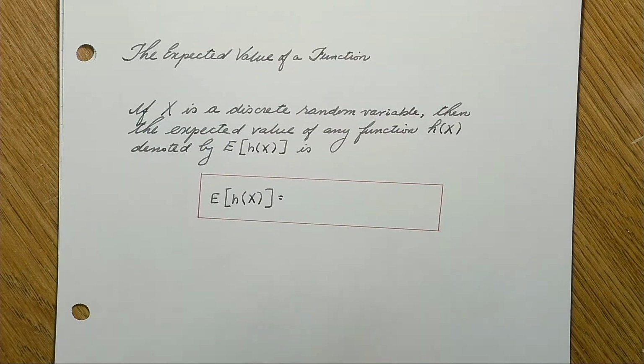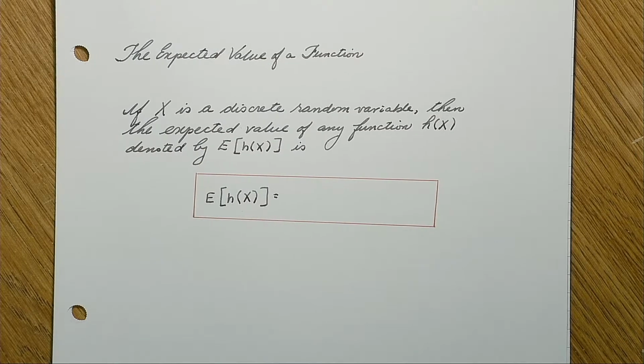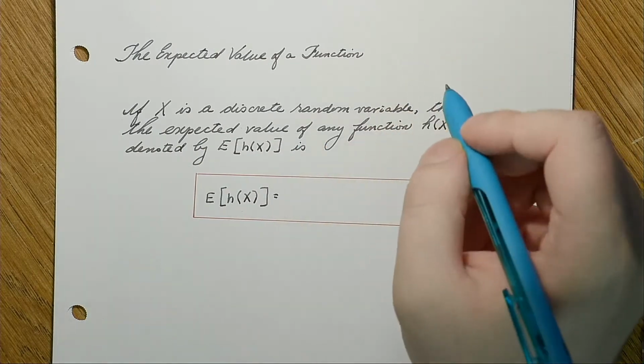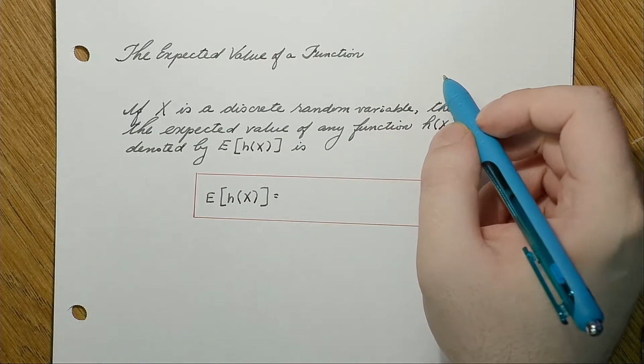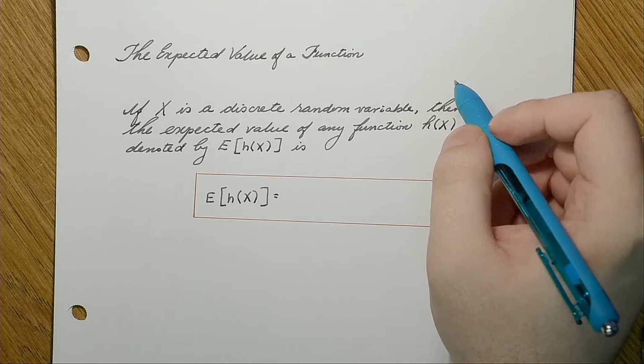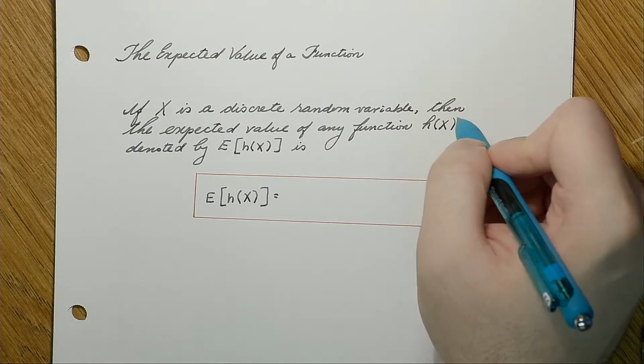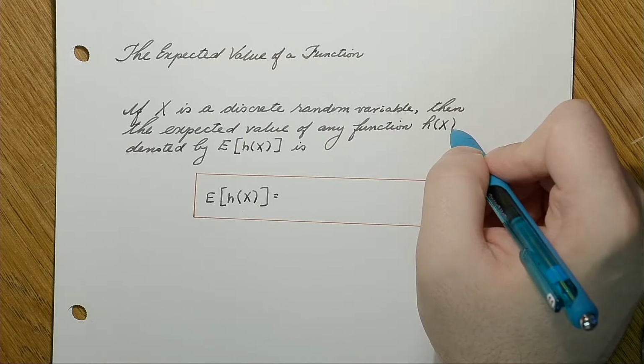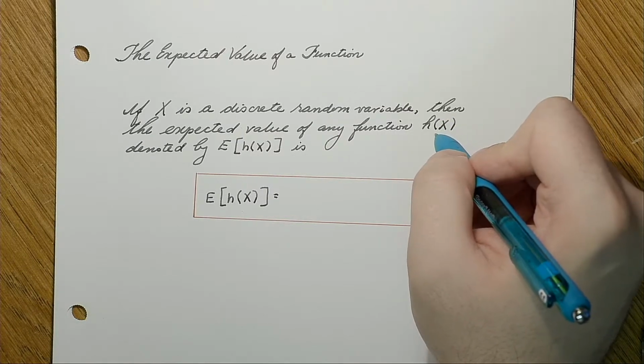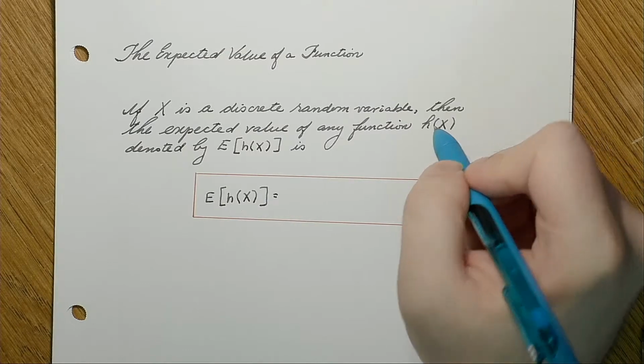Moving on, with the expected value, we can also do an expected value of a function. So we don't always have to necessarily have e of x, the expected value of x. We can have some function, say h of x, which is a function of the random variable x, and then we would like to know what the expected value of that is.